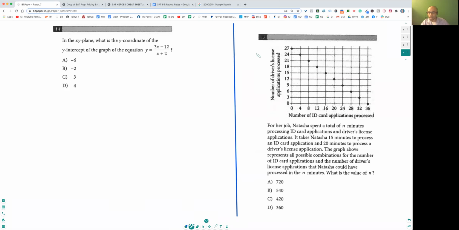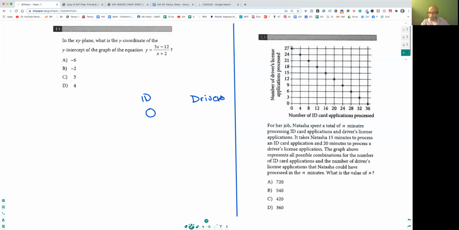What they're asking is, take this point over here, and based on this point, what does it mean? It means you've got zero ID card applications. I'm going to write this down over here: ID card applications, and then you've got a driver's license over here. I'm going to write down drivers over here.